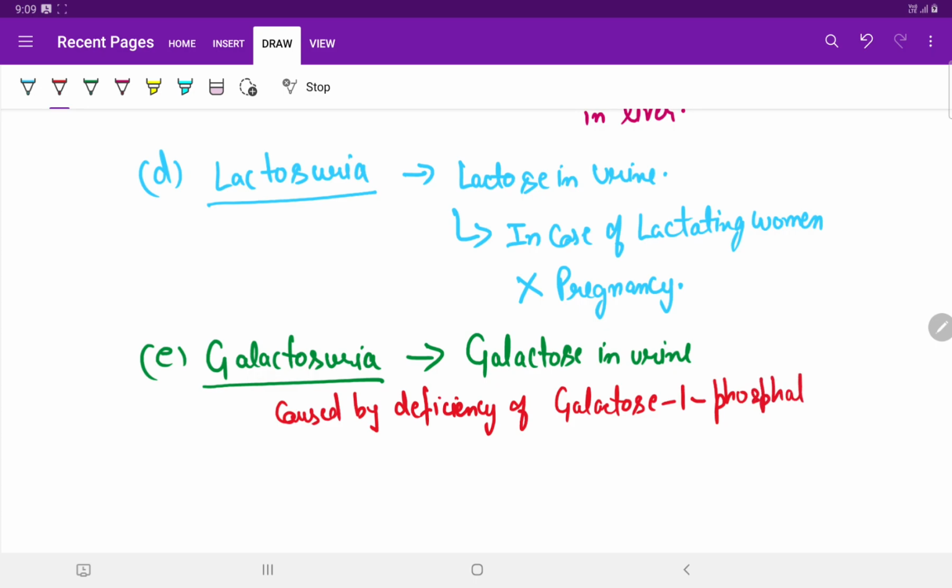Due to this, the presence of galactose in urine occurs.